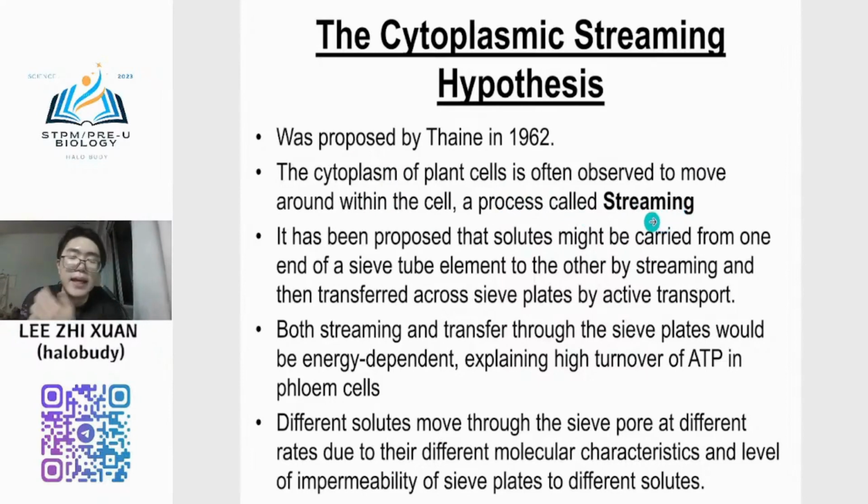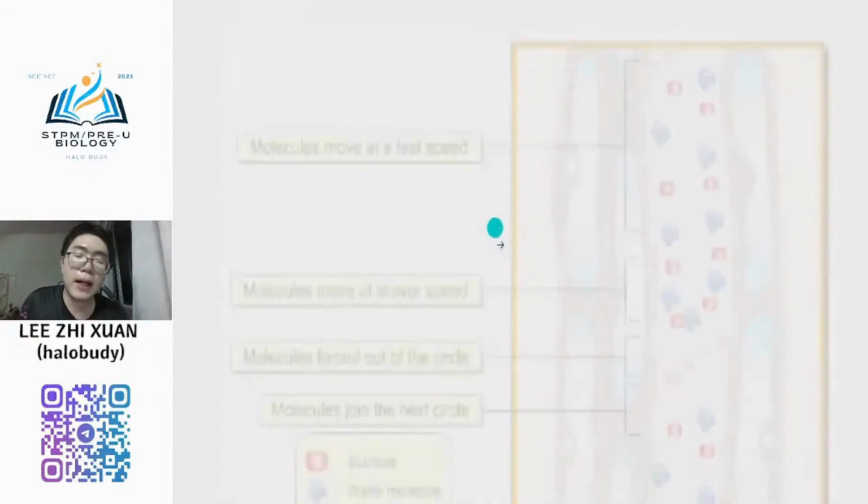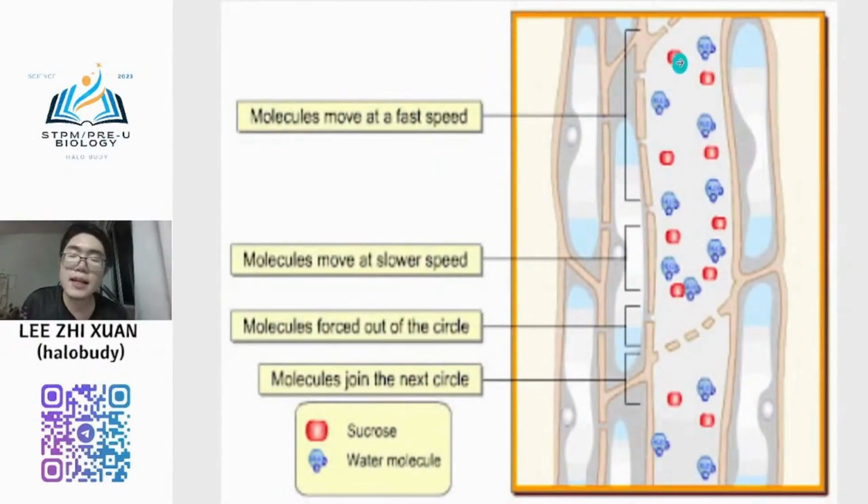And then it was found that when you see this diagram, any molecule inside the sieve tube element moves very freely. The molecules far from the sieve plate move very fast.